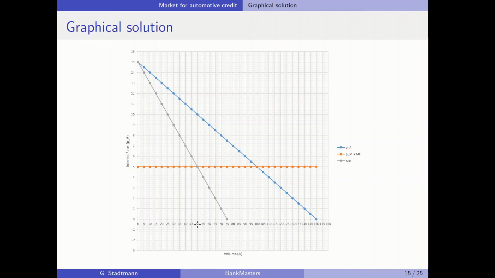And after we have computed the optimal quantity, we set the optimal quantity in the demand relationship, so in the blue line. And then we got the information that the optimal interest rate is equal to 10. So the optimal solution is, we are looking for the intersection of marginal revenue and marginal cost. We find the optimal quantity of 50. And when we insert the 50 into the demand relationship, then we find here the optimal interest rate of 10.